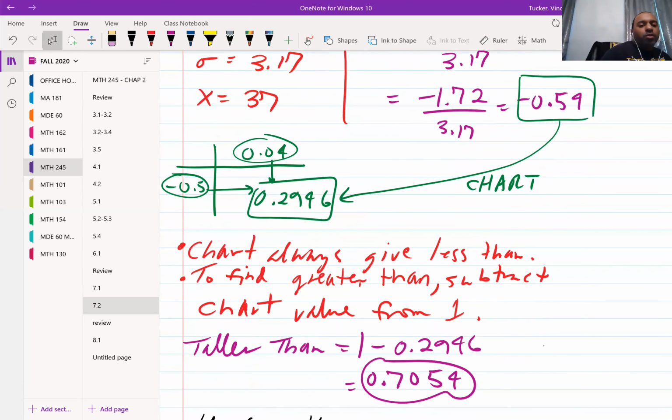All right, so you do 1 minus 0.2946, and this would be our answer, 0.7054. All right, any questions?